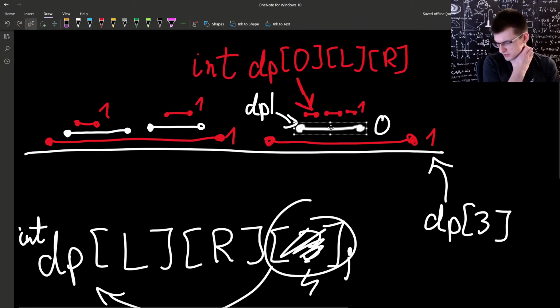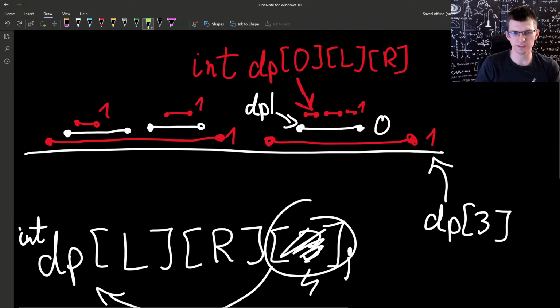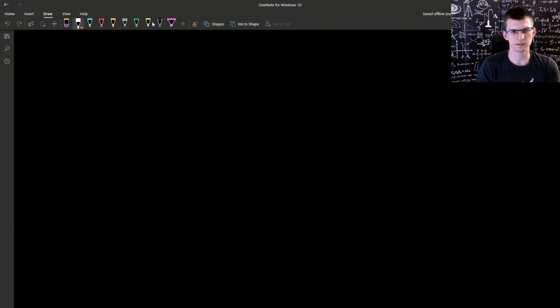So dp of this is, right, either we have the same score with this shorter by 1 interval or shorter by 3, or we really need all those values and there will be some red at the very beginning. Let's analyze this again.